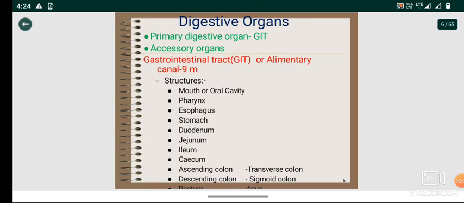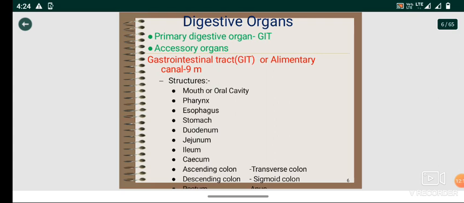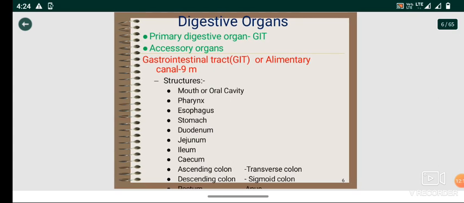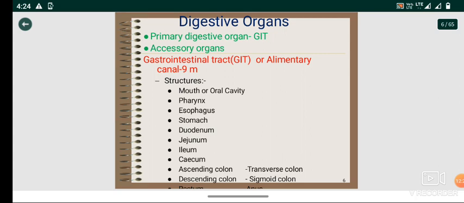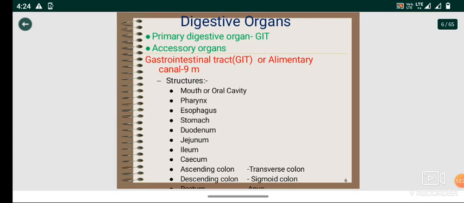Duodenum, jejunum and ileum are the parts of the small intestine. Then from the ileum the food enters the cecum, and that entry is guarded by the ileocecal valve. Then cecum to ascending colon, transverse colon, descending colon, sigmoid colon, rectum and anus. So this is the whole 9 meter path of GIT, and these are all the primary digestive organs.